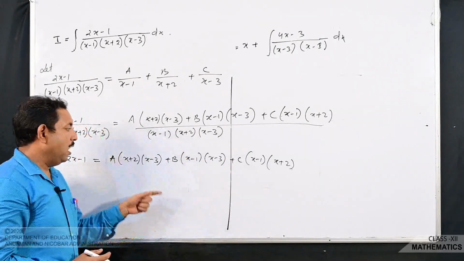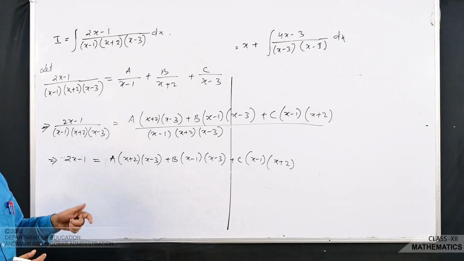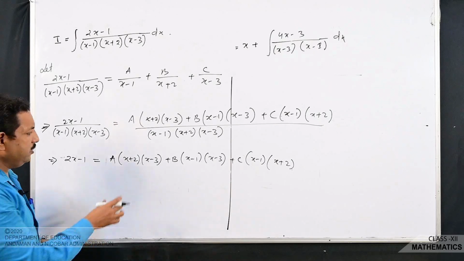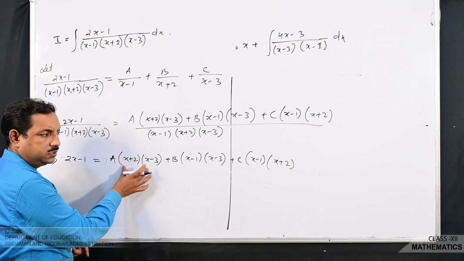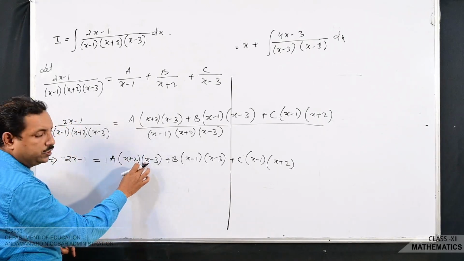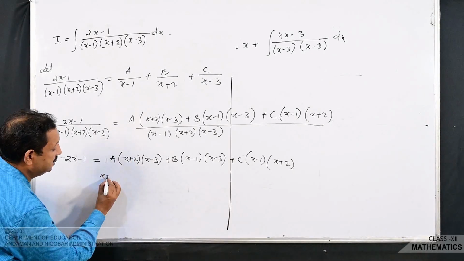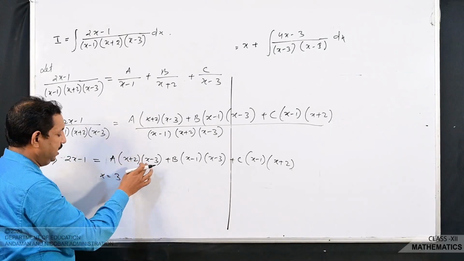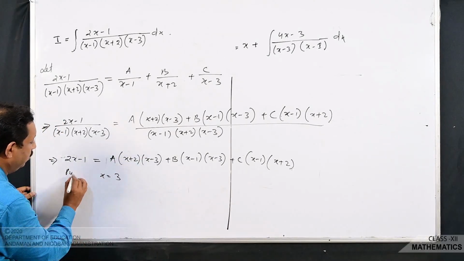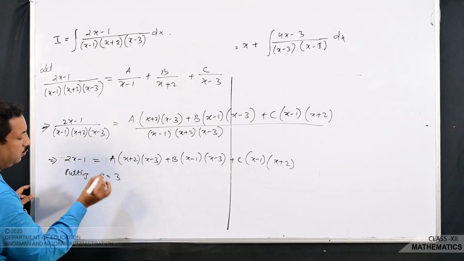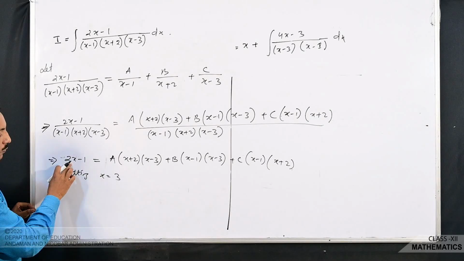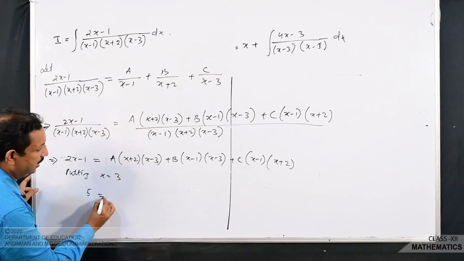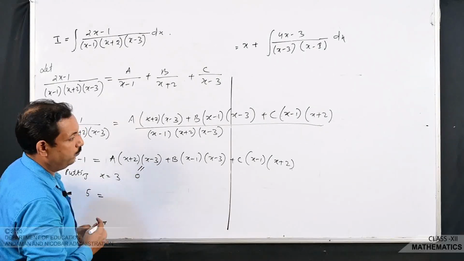Same procedure: I have to follow the rule by making a term 0. Suppose I want to make this term 0 first. So what to do? You put the value of x as 3. Putting x equal to 3, you will have 2 threes are 6, minus 1, you have 5 on the left side, and on the right side this term becomes 0.